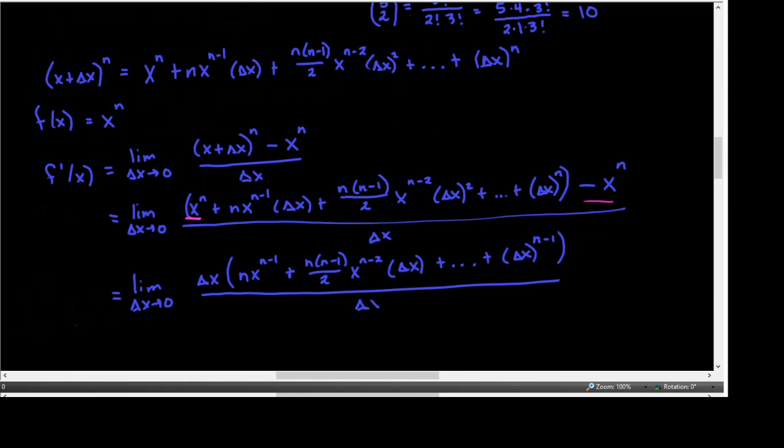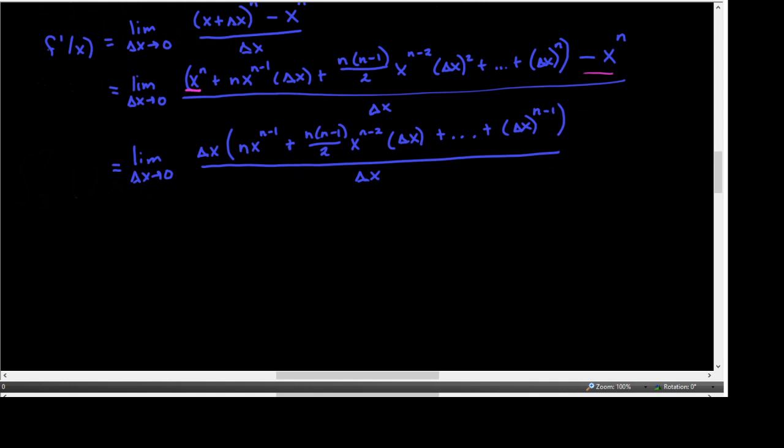Then, thank goodness, the delta x that was a common factor in the numerator will cancel with the delta x in the denominator, leaving us with n x to the n minus 1 plus n times n minus 1 over 2 x to the n minus 2 and a single delta x.